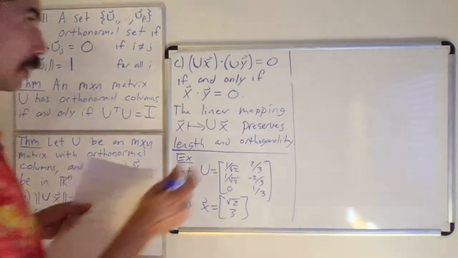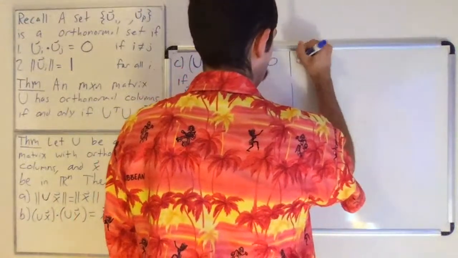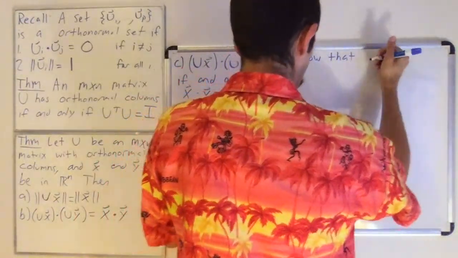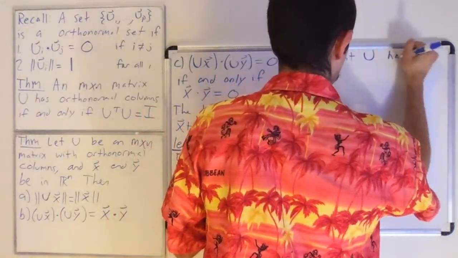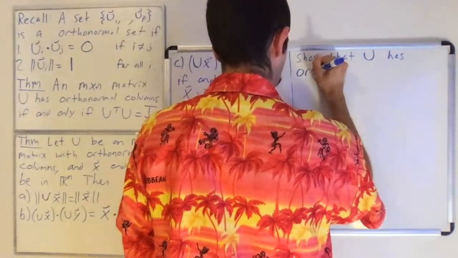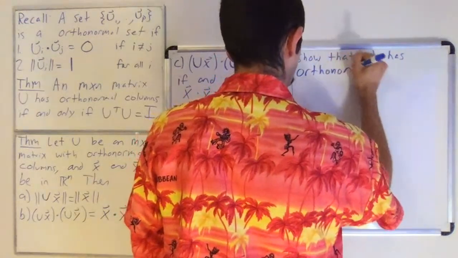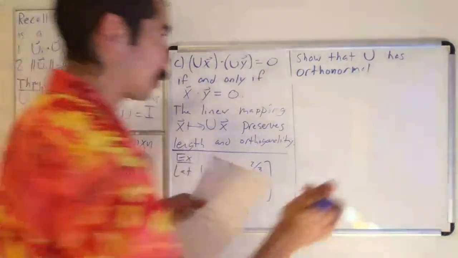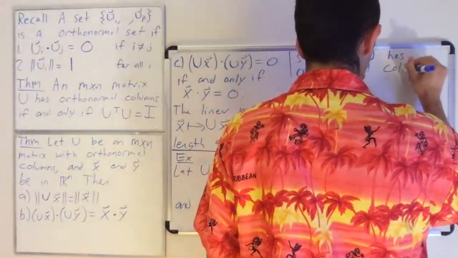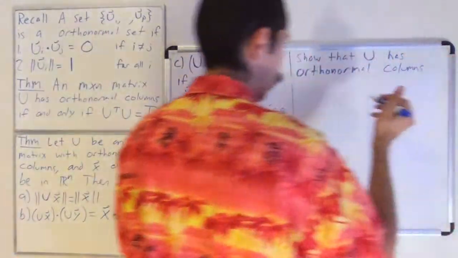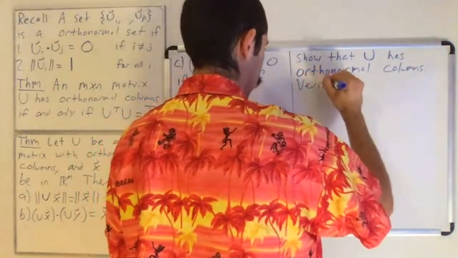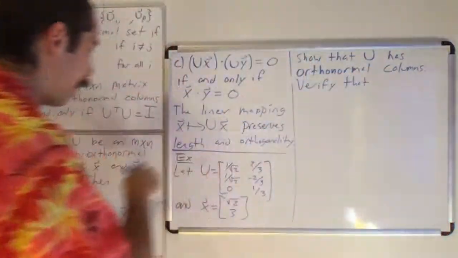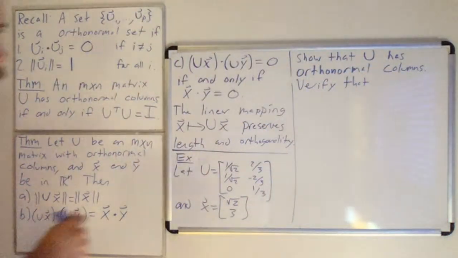Okay, so the example is: show that U has orthonormal columns, and then verify part A of the theorem.